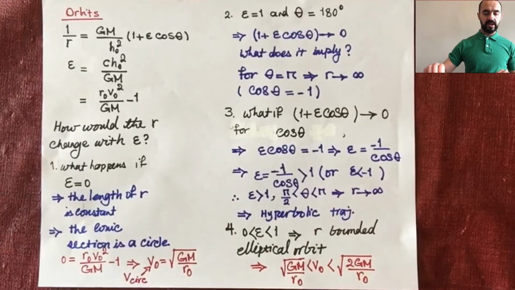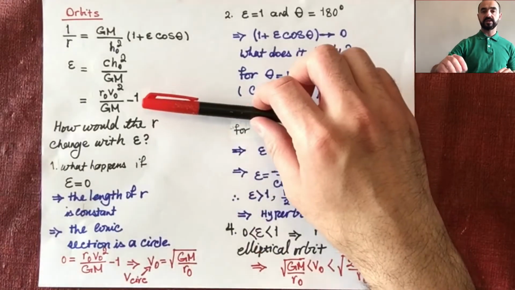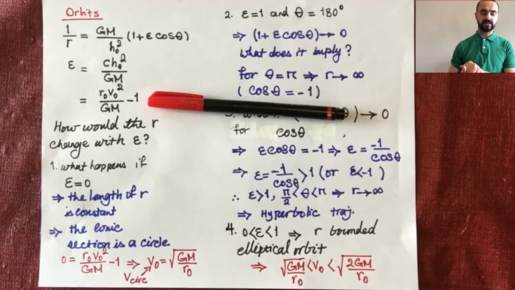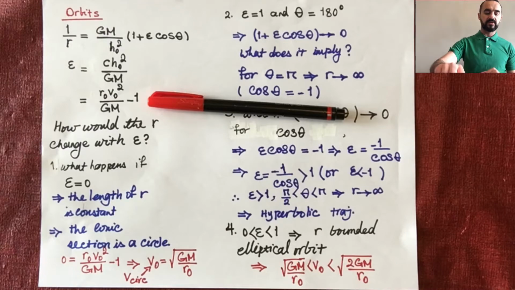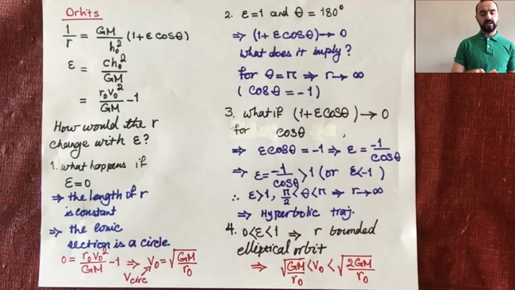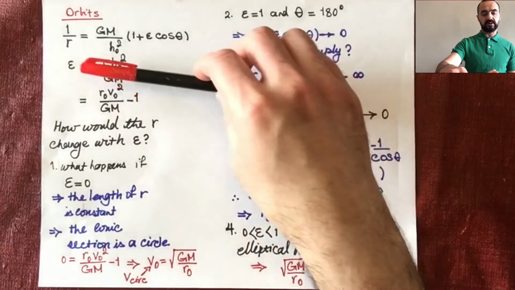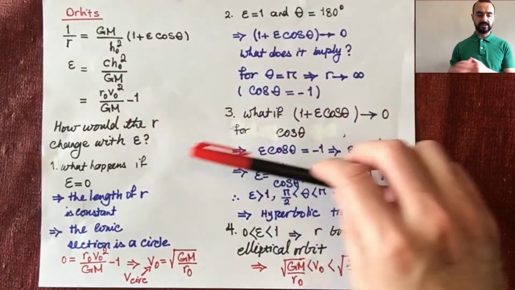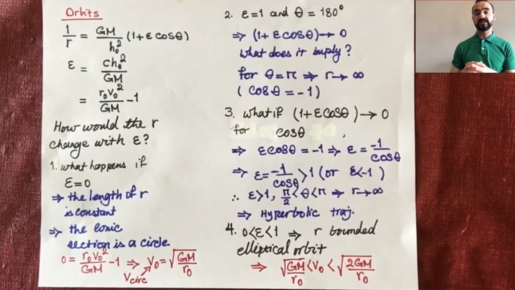If you look at the definition of epsilon, if epsilon goes to 0, it means that r0 v0 squared over GM minus 1 is equal to 0. Again, r0 was the point that the satellite is injected into its orbit, and v0 is the initial velocity. It means that v0 is the square root of GM over r0.